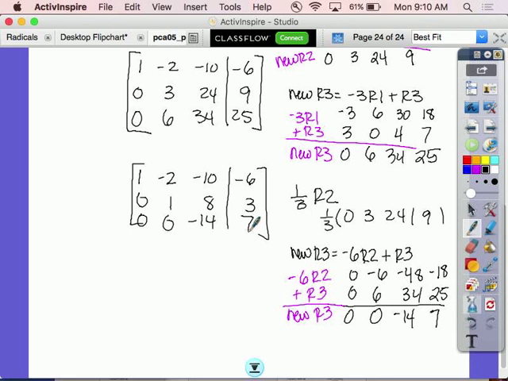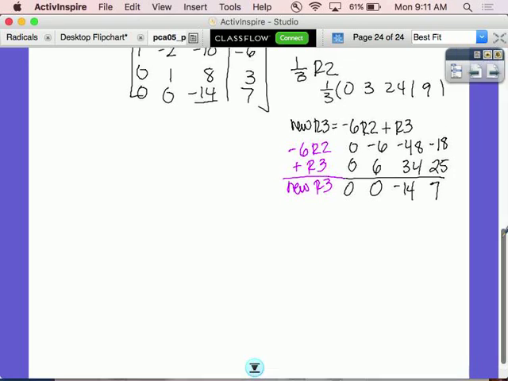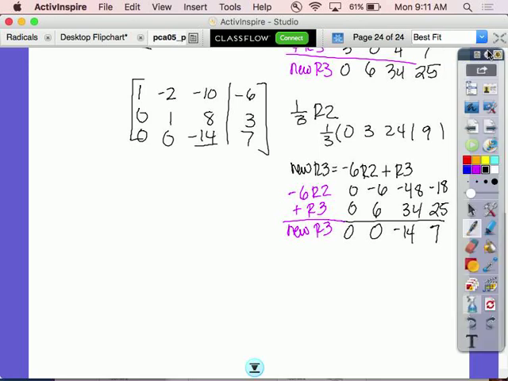And the last step, the very, very last step to getting this in row echelon form, we want to make that into a what? So we're going to multiply by what? We're going to multiply by -1/14. So we're going to say our new row 3 equals negative 1/14 times the current row 3.